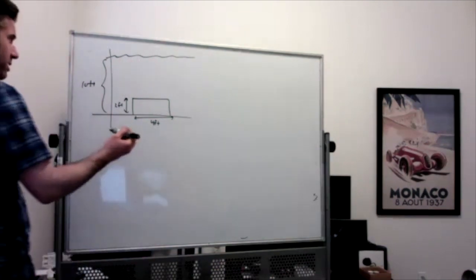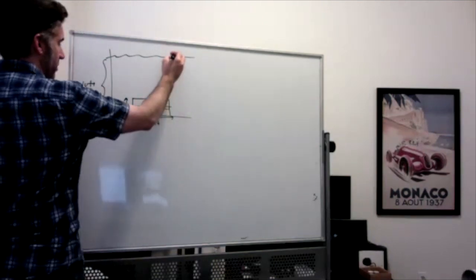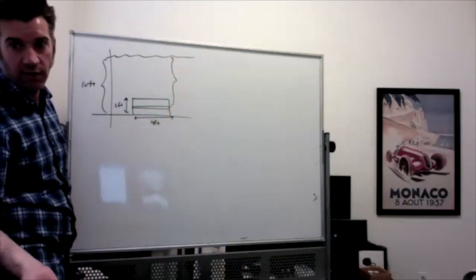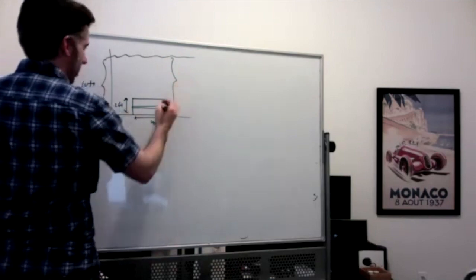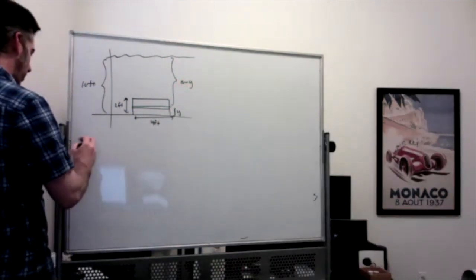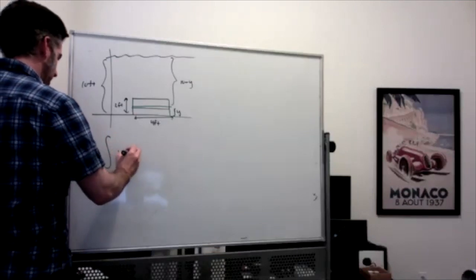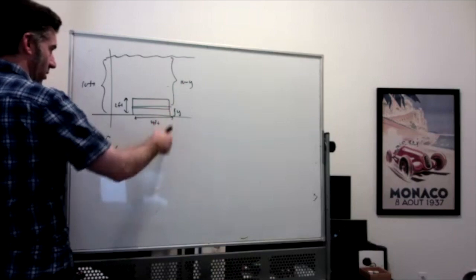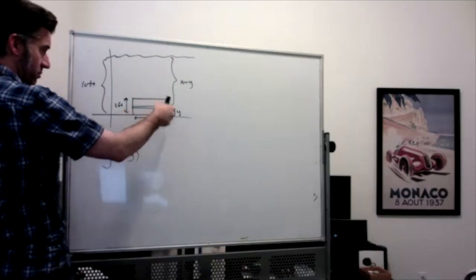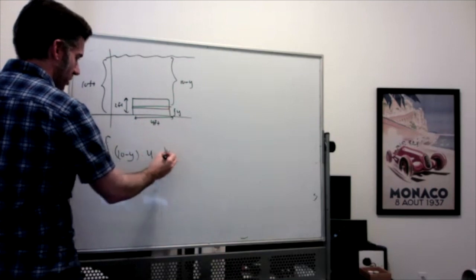So one way to calculate this would be to draw a little strip. Say that strip is at a depth of 10 minus y. This is at y, this is 10 minus y. So the fluid force is the integral of the depth times the area, which is 4 times dy. And then I'm forgetting something.